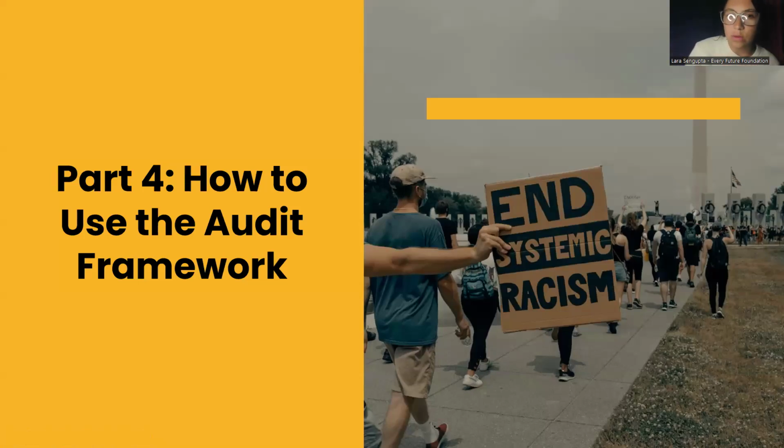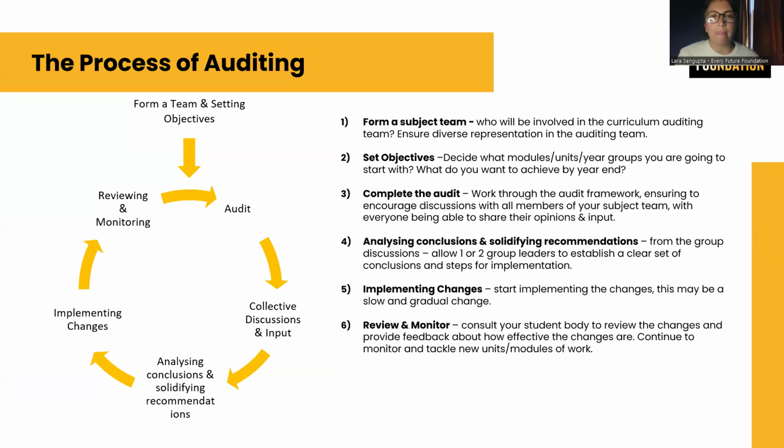Okay, part 4, how to use the audit framework. So the audit framework basically breaks down the 4 areas that we've spoken about. So we talked about subject content, so schemes of work. We talked about pedagogy, how to link social justice and critical analysis into the curriculum.